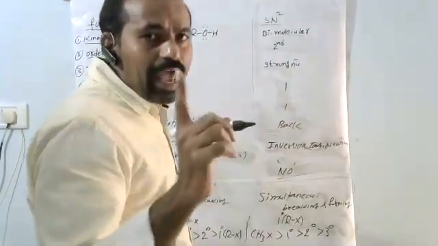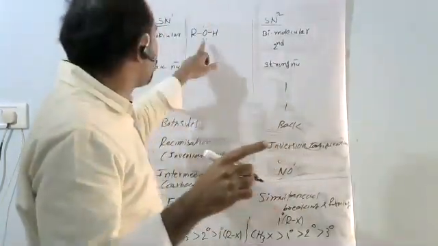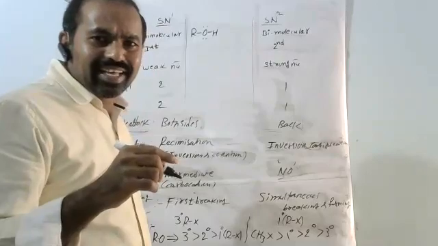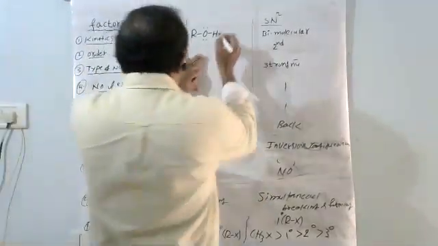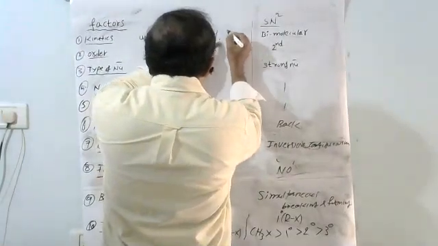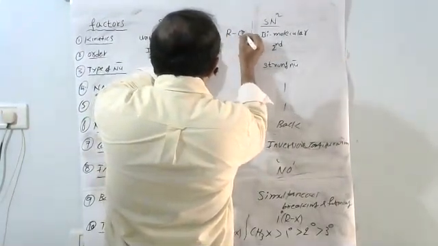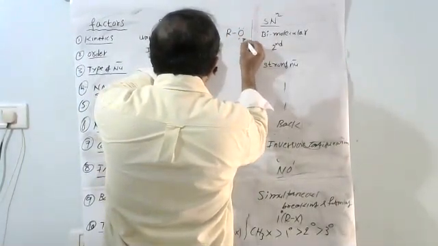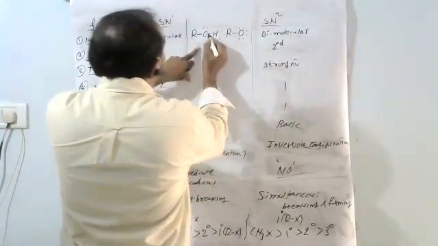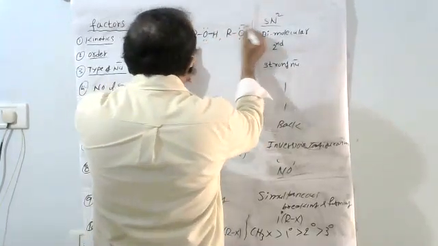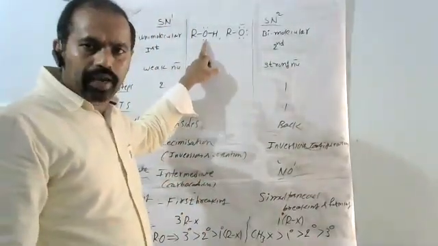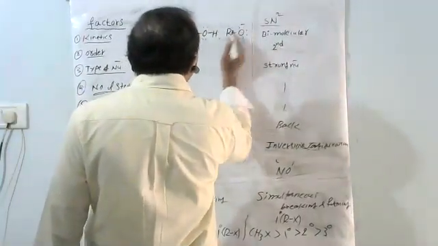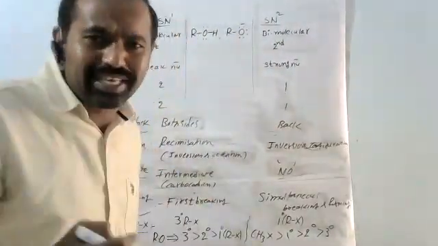Here oxygen has a lone pair, so it is a nucleophile. If I take one more, RO minus, both electrons are taken by oxygen, so it gets the minus charge. Here a lone pair, there a negative charge. Both behave as nucleophiles.